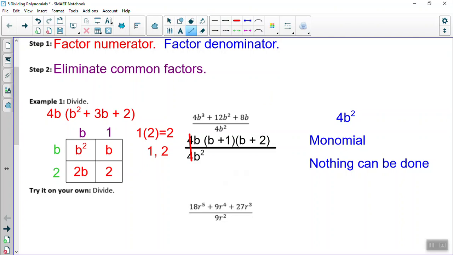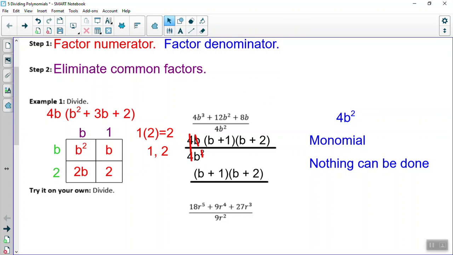So this just means that I can eliminate this one, and then I'm left with a single b on the bottom. I don't have a factor on the bottom that matches this one, and I don't have a factor on the bottom that matches this one. So there's nothing more I can really do. My final answer, after I've eliminated common factors, is I have left on top the b plus 1 and the b plus 2. And on the bottom, I just have b.